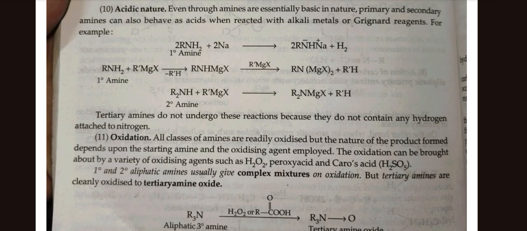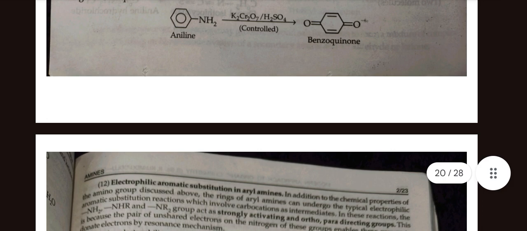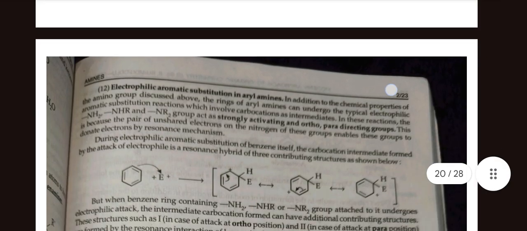Primary and secondary aliphatic amines usually give complex mixtures on oxidation, but tertiary amines are cleanly oxidized to tertiary amine oxides. In the case of aryl amines, the oxidation is not confined to the amino group but also takes place in the ring. For example, aniline plus controlled K2Cr2O7/H2SO4 gives benzoquinone.